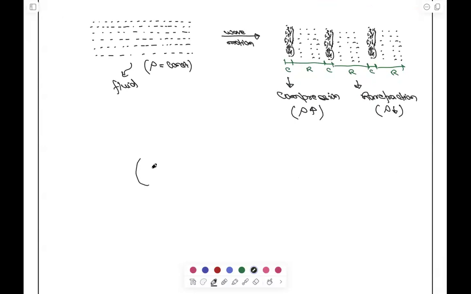Let's say this is the cross section area, and this cross section area is, okay, this is my cross section area.